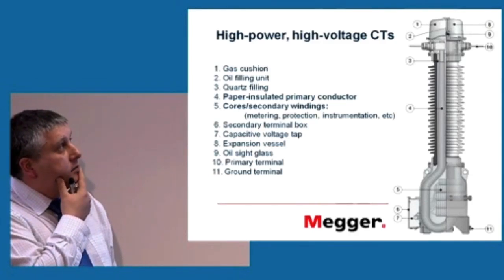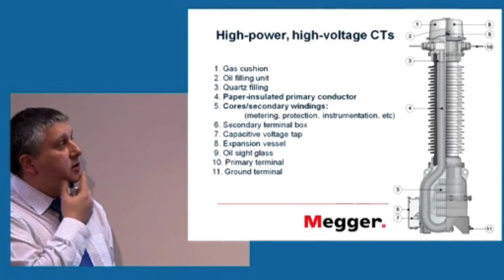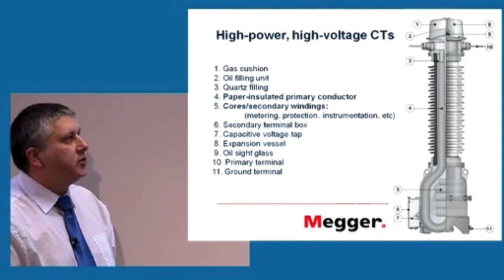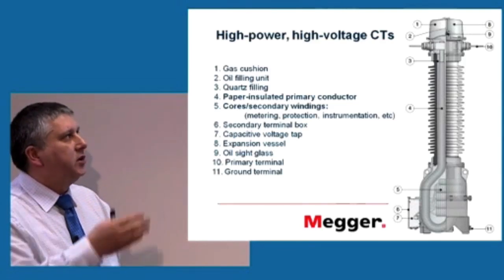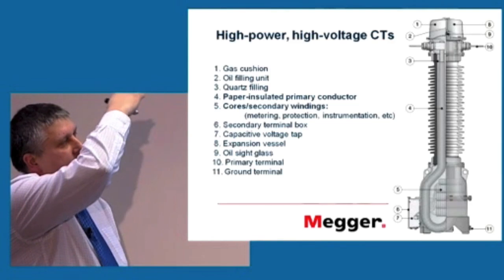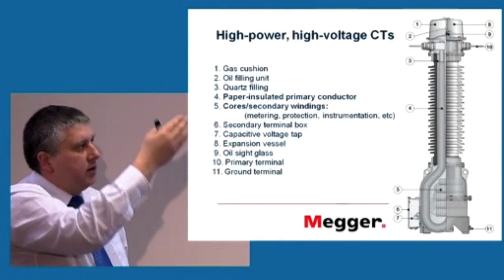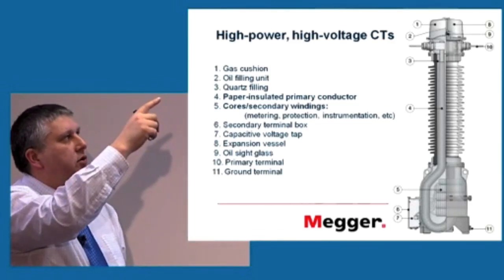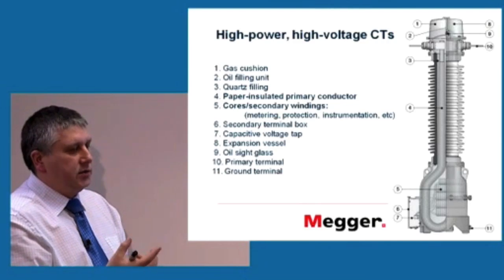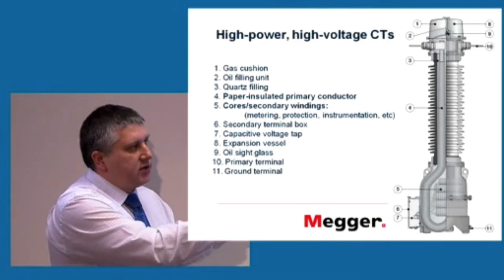The main chunk of this is just insulation, because this is used in high power, high voltage systems. Sometimes it's called a hairpin because the primary conductor comes in at the top, runs all the way down and comes back at the top. And the magnetic cores of the current transformers sit just at the bottom.